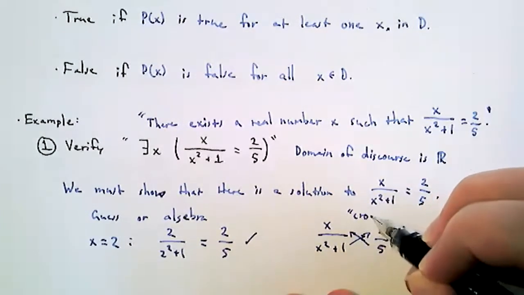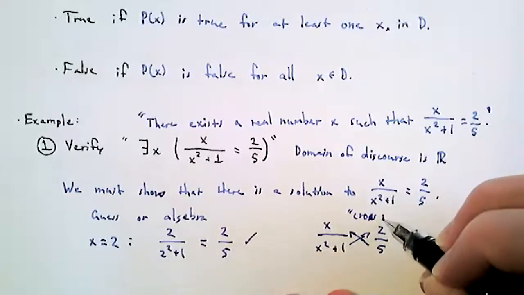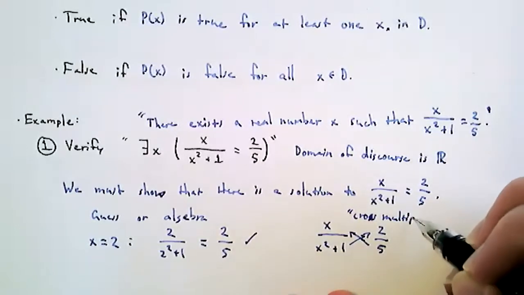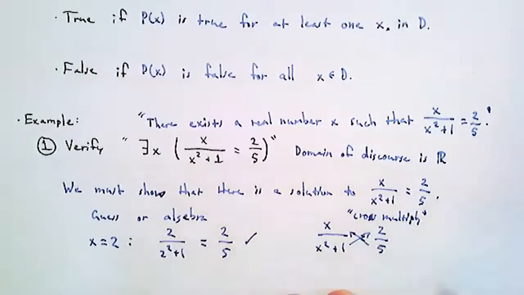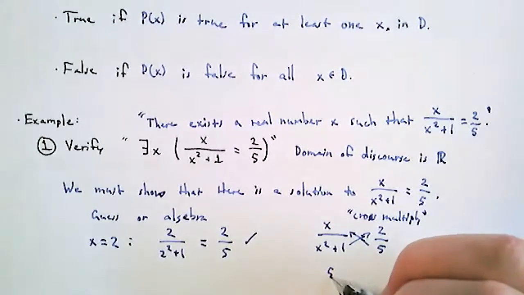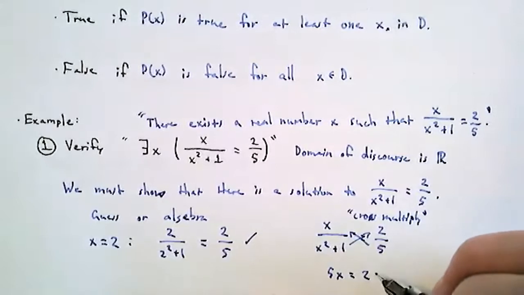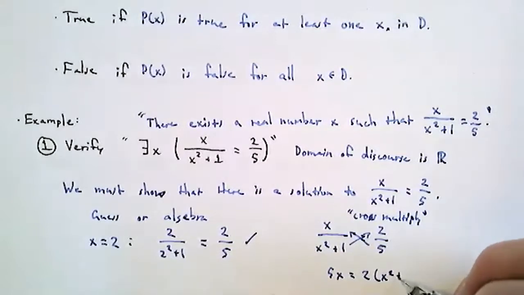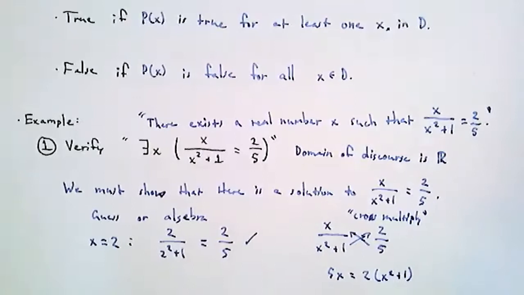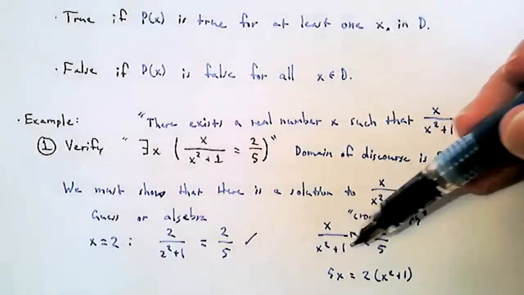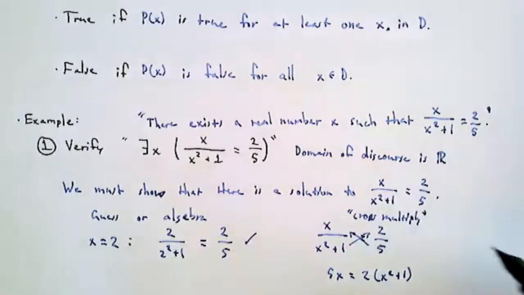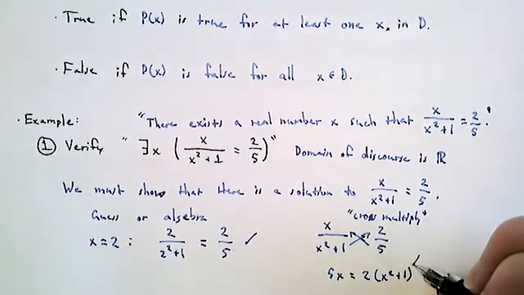That's what most people call this. You clear the denominators. So you would say 5x is equal to 2 times that denominator, x squared plus 1. And then you would have to multiply out and then solve the polynomial, solve the quadratic.